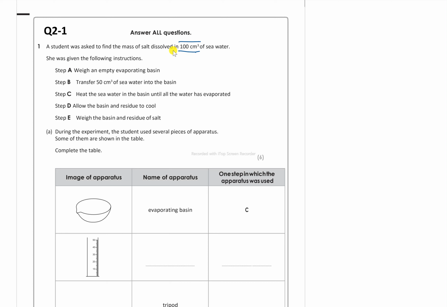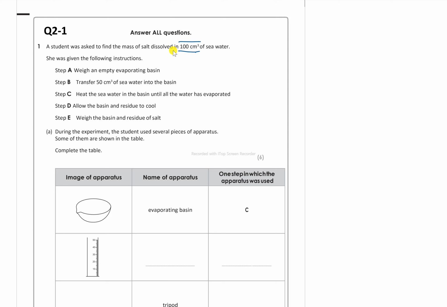She was given the following instructions: weigh an empty evaporating basin, transfer 50 centimeter cubed of seawater into the basin, heat the seawater in the basin until all the water has evaporated, allow the basin and residue to cool, weigh the basin and residue of salt.